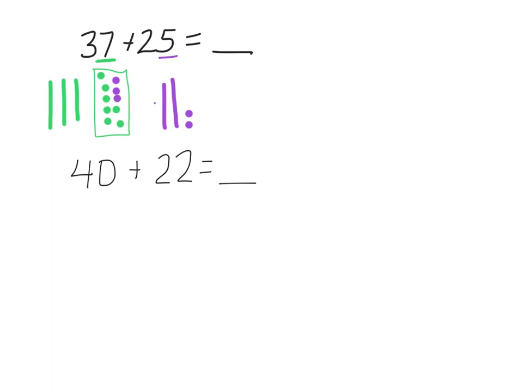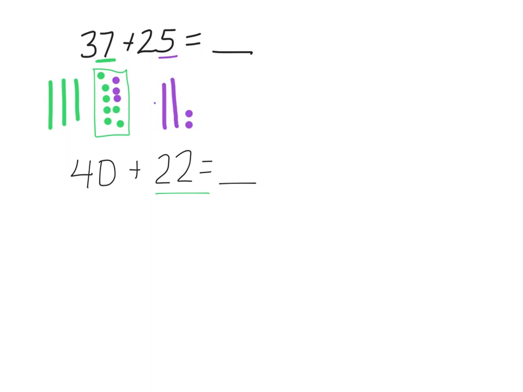Now we can go ahead and find the sum. So we can add 40 to 22 simply by counting up 4 more 10s. So starting with 22, let's count by 10s 4 times. So 22, then 32, 42, 52, 62.